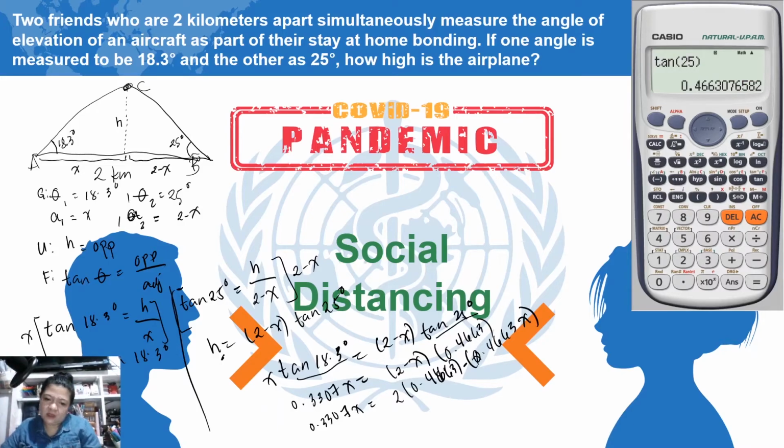Okay, so para i-isolate natin si x, lahat ng x ay ilagay natin dito sa left side. So magkakaroon tayo ng 0.3307x plus, dahil minus siya dito, ang additive inverse niya ay plus 0.4663x equals 2 times 0.4663 ay 0.9326.